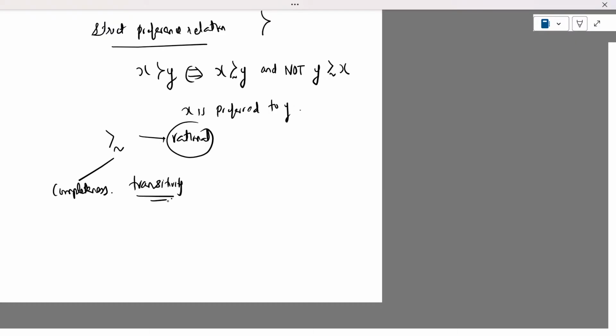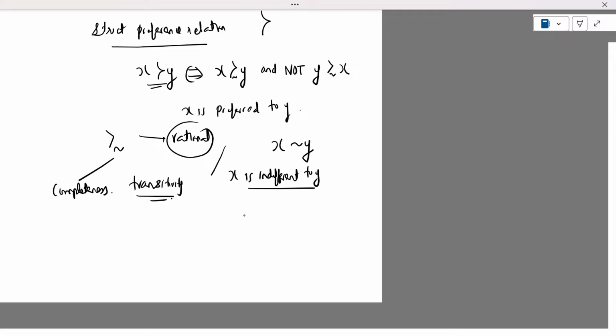We shall see what they are, but before that, from at least as good as we can also derive indifference. We say x is indifferent to y.